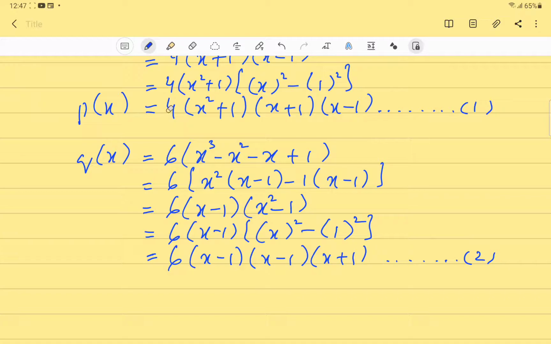We forgot to factorize the digits. Instead of 4, we will write 2 into 2, and instead of 6 we will write 2 into 3.